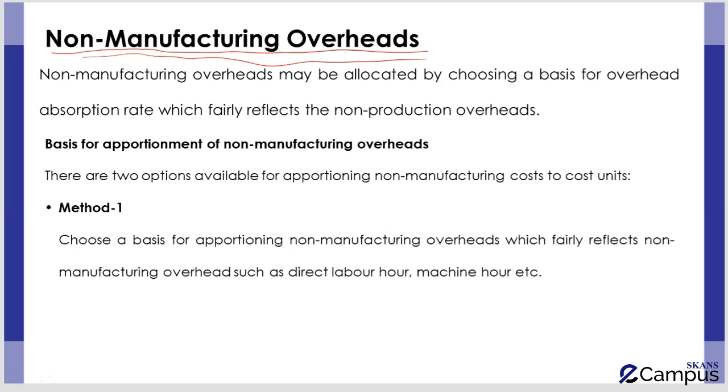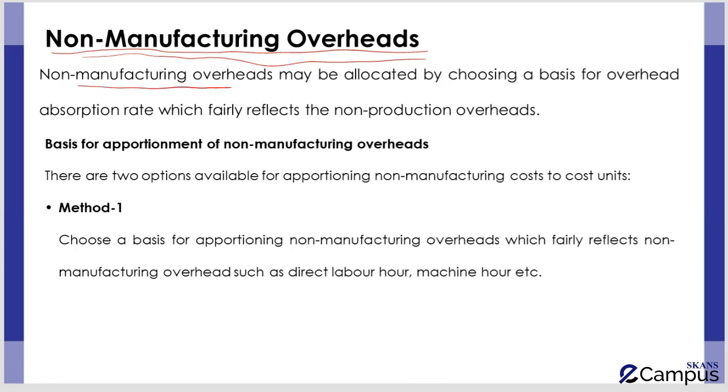So they are just allocated and absorbed on a fair basis and become part of product cost. We cannot complete our total cost until we charge non-manufacturing overheads to our production cost. Only then can we get the total cost.